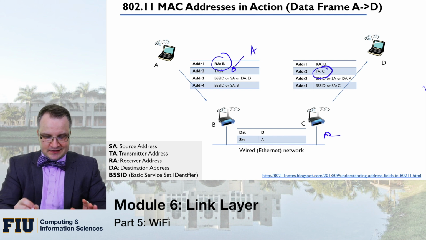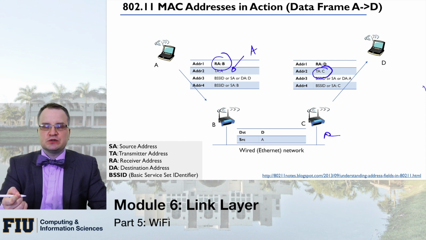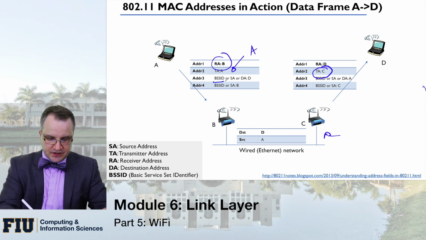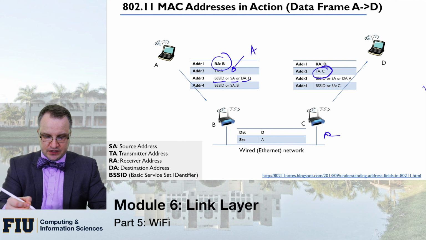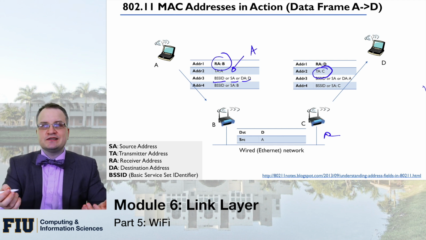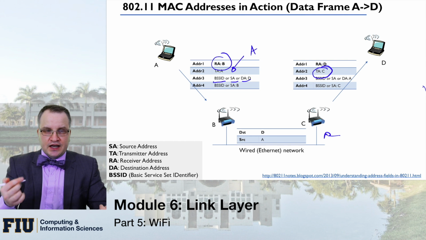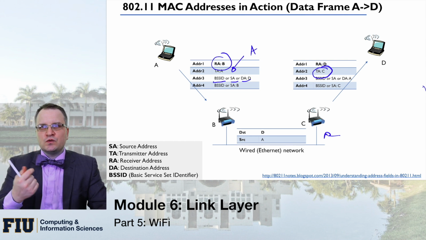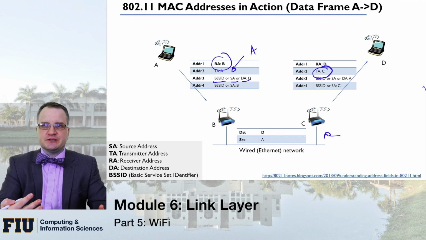Okay, so now it's a complicated case. For address 3, we actually have multiple options. We have a BSSID, we have SA or DA. So it's either the basic service set identifier, a source address, or a destination address. So which one is it in this specific case? What you can think about is which information is missing and needs to be specified.